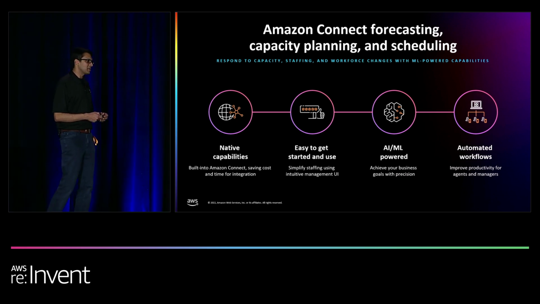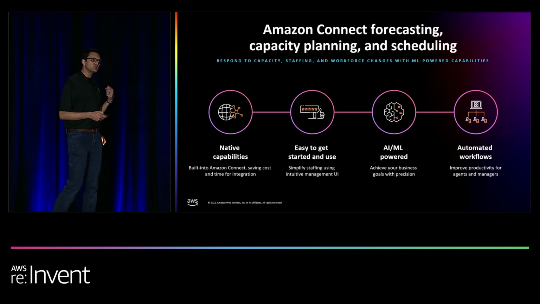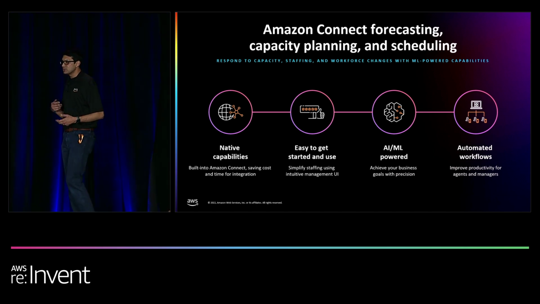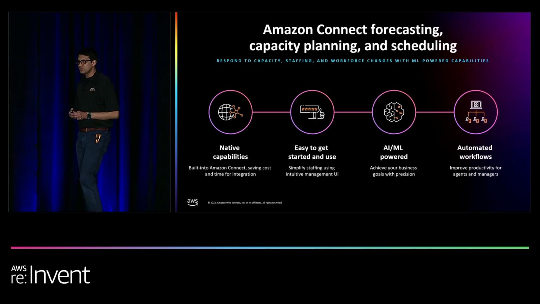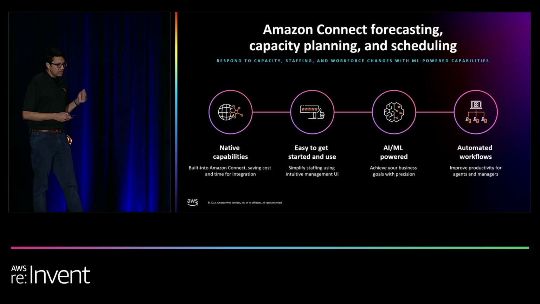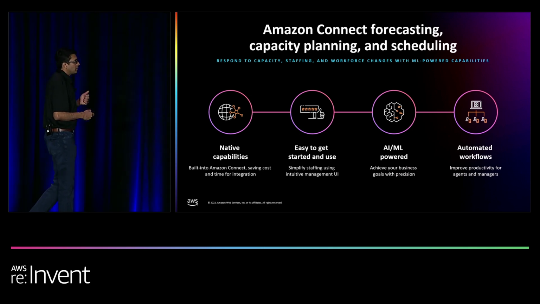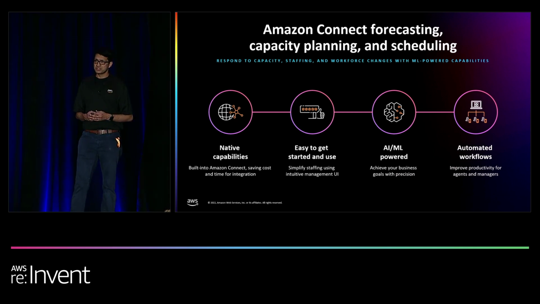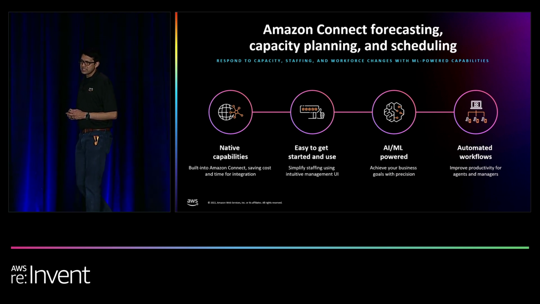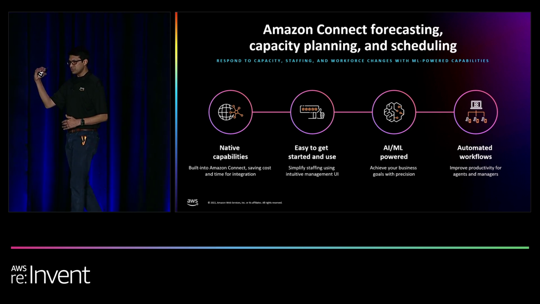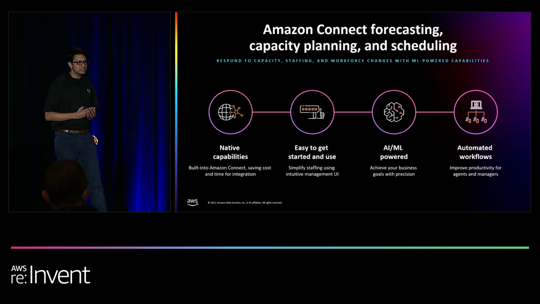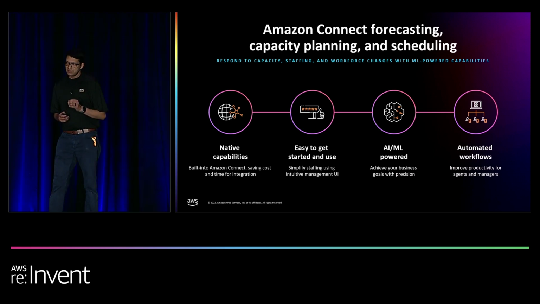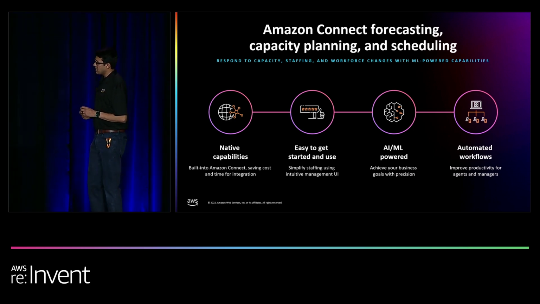The second thing is about being easy. The other pain point I talked about is that it needs to be easy to train the users, like the schedulers, the forecasters, the agents, the supervisors. We made it super easy to use the solution. The third value add is very critical. We have invested tons in machine learning and artificial intelligence to make sure that we understand the contact volume, the pattern, the distribution of the contacts, and the seasonality, and deliver a very accurate forecast and very efficient schedule.